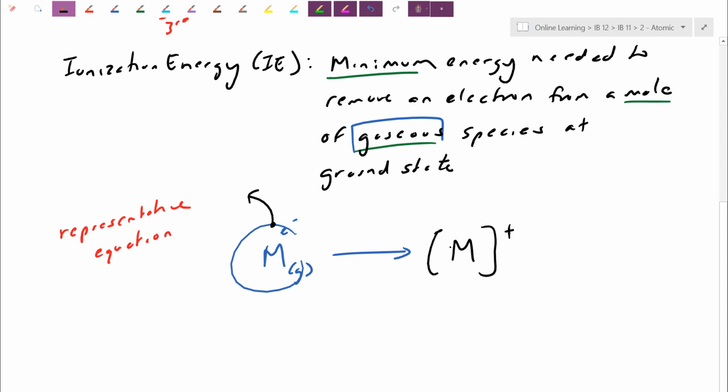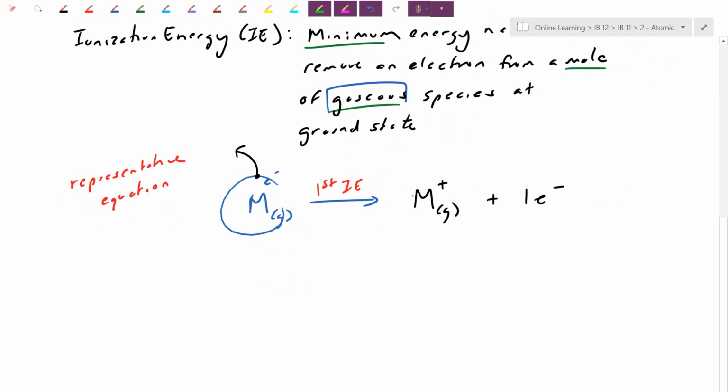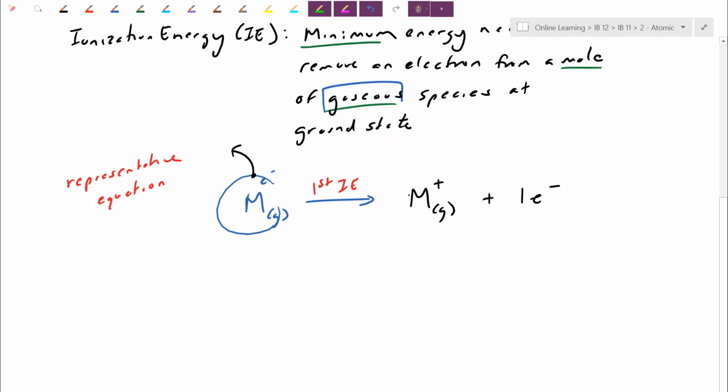I can say M plus 1, and then the electron is now free to go. For that M plus, you can either put a square bracket with a charge in the corner, or in this case I can just put it directly as M plus, also in the gas state. And that's your representative equation for your first ionization. For the very first electron that you come in at here, that's making M plus.